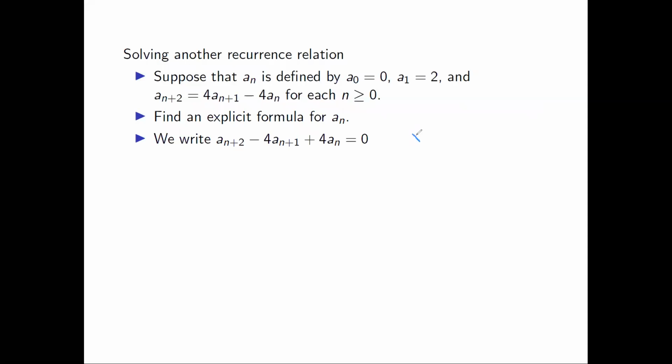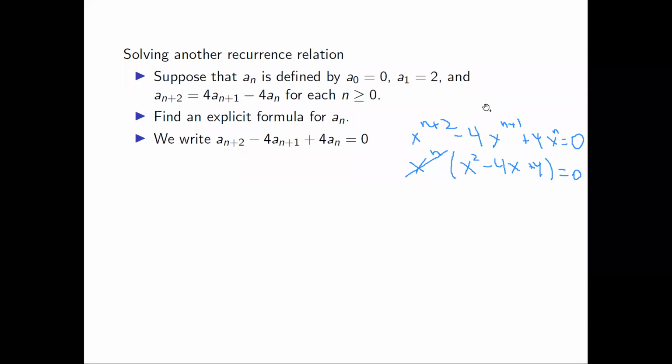So we'll get x to the n plus 2 minus 4 x to the n plus 1 plus 4 x to the n equals 0. And we can factor out the x to the n. So we get x squared minus 4x plus 4 equals 0. And we forget about the x to the n. That part doesn't matter. What matters is the x squared minus 4x plus 4 equals 0.